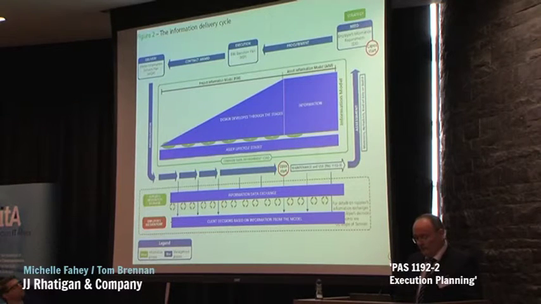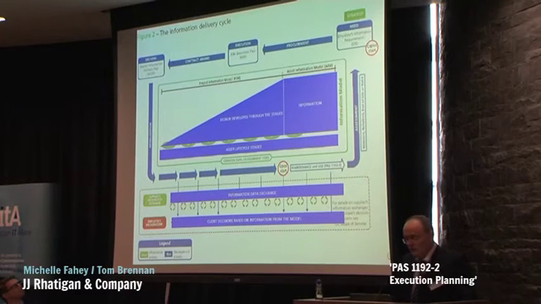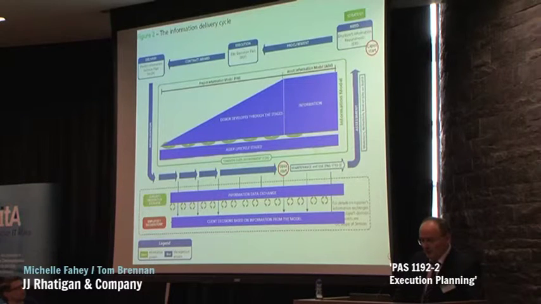When we receive that, we produce the BEP, be it the pre-contract BEP or post-contract BEP. On contract award then, we produce what's known as the MIDP, the Master Information Delivery Plan. And from that then, the model grows throughout the different stages and finally arrives at the Asset Information Model, or the AIM.